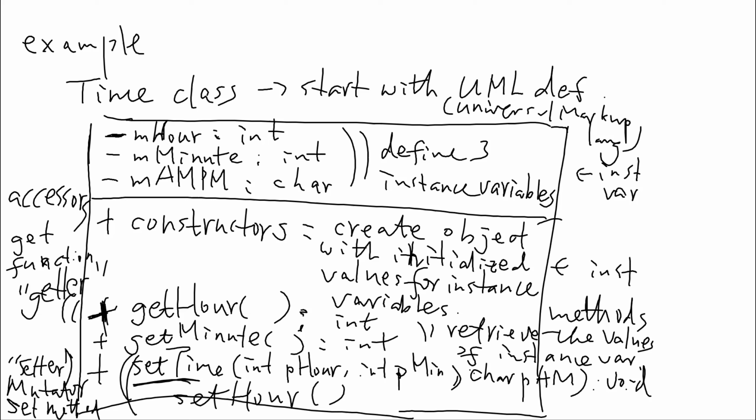So in this case, int pHour. The purpose of it is to assign values to instance variables. That's their purpose. So getter and setter. And generally speaking, for a get function, the parameter list is empty.